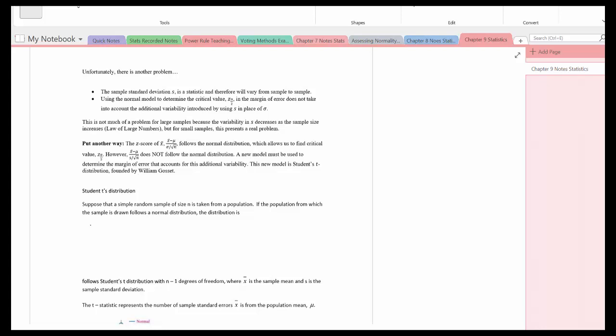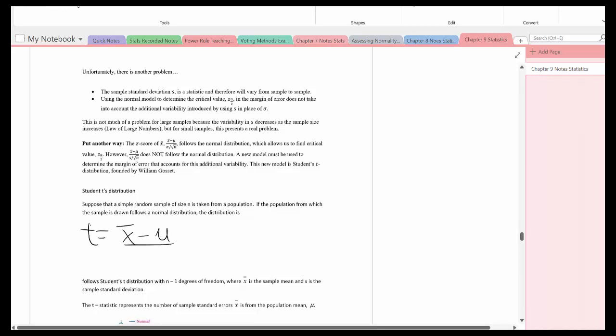Okay, let's talk about Student's t-distribution. Suppose that a simple random sample of size n is taken from a population. If the population from which the sample is drawn follows a normal distribution, the distribution of t equal to x bar minus mu divided by s divided by the square root of n follows Student's t-distribution with n minus 1 degrees of freedom.